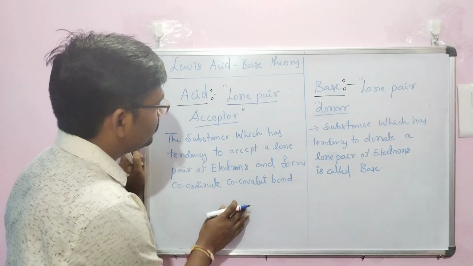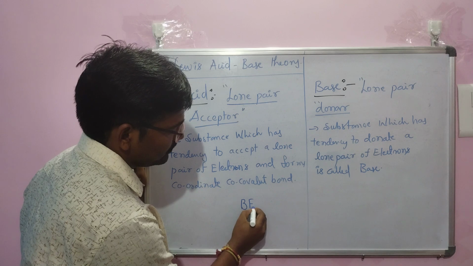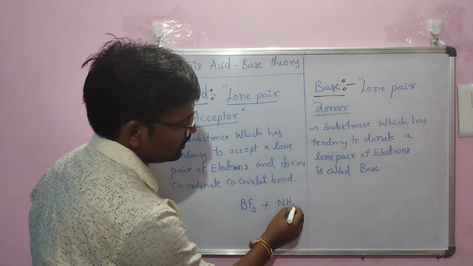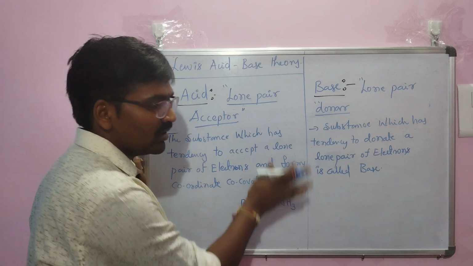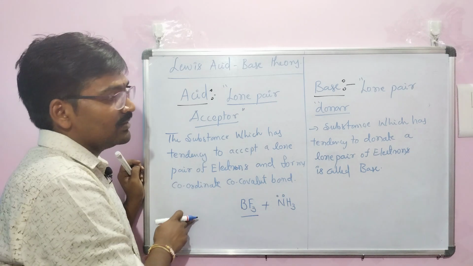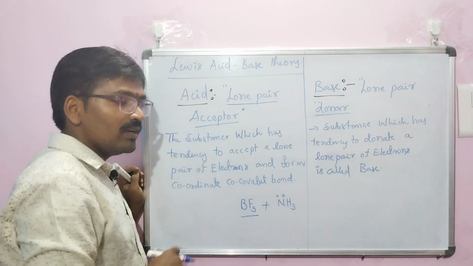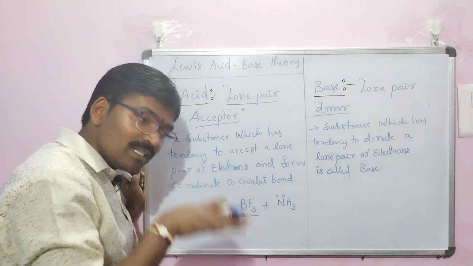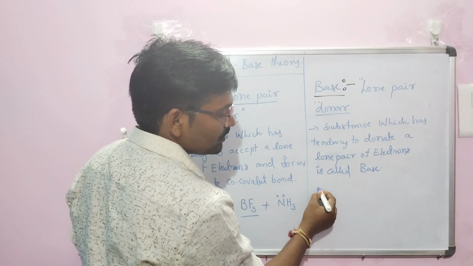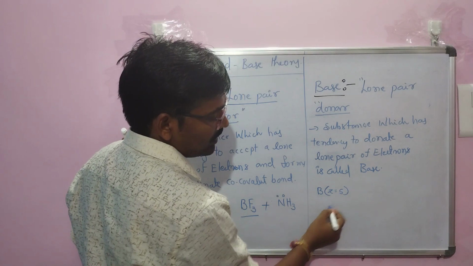For example, the acid we are taking is the BF3 molecule, and the base is the ammonia molecule, NH3. Why does BF3 act as a Lewis acid? Because it has the tendency to accept a lone pair of electrons. How does it accept a lone pair? If you take a boron atom, the atomic number is 5.